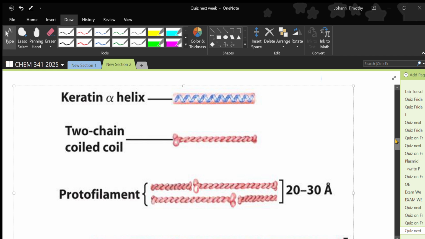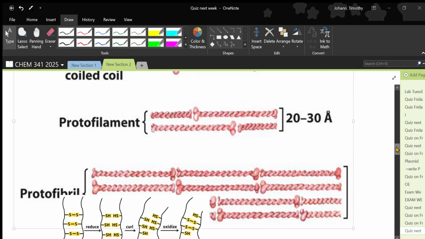Is that coiled coil left-handed or right-handed? It's left-handed. If I put my thumb this way or this way, it works either way. It's curling around this way with the way my thumb's pointing. So we make this left-handed coil, and then those coils can come together to make these filaments.